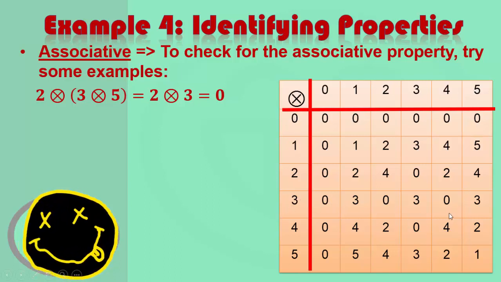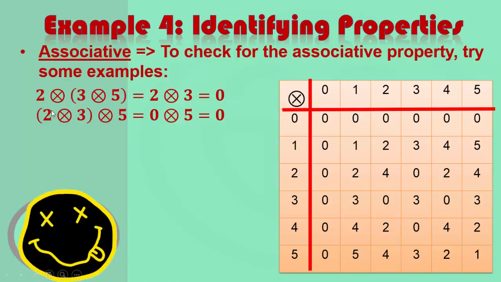So I end up with 3 here. So that means I take the 2 from here, take the cross circle, so 2 cross circle, and the 3 I just found from 3 cross circle 5. And now I do 2 cross circle 3, and I get 0.